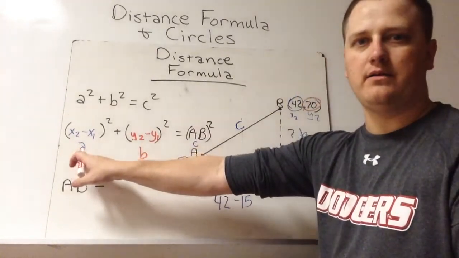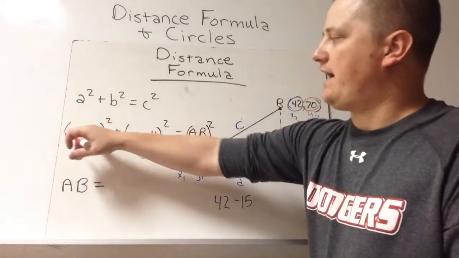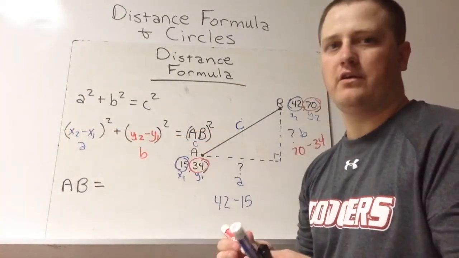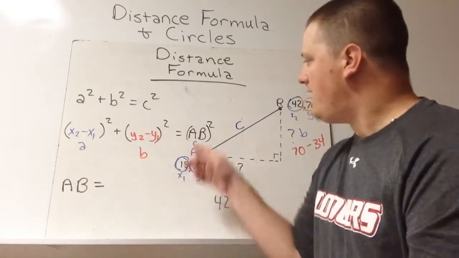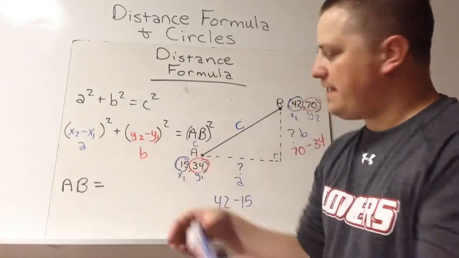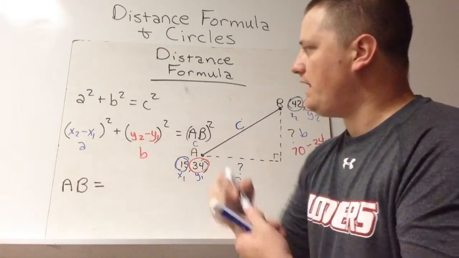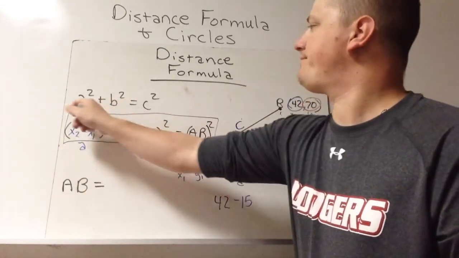So a squared plus b squared equals c squared, where x2 minus x1 is our a, y2 minus y1 is our b, and AB is considered our c. So this is one way to do the distance formula.